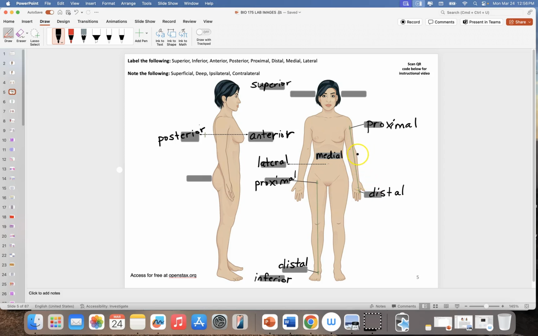The elbow is proximal to the wrist because the elbow is closer to the attached base. The tarsal landmark is distal to the patellar landmark because tarsal, the ankle, is further away from the attached base.